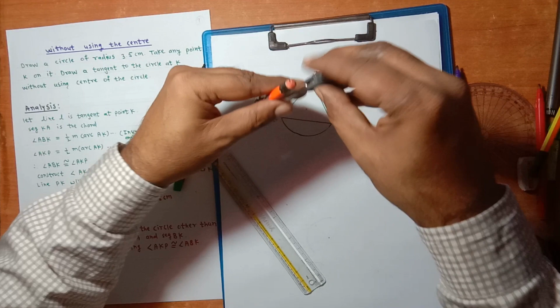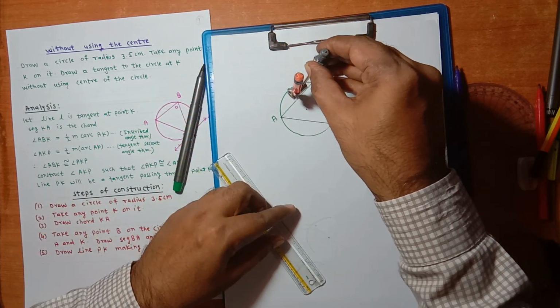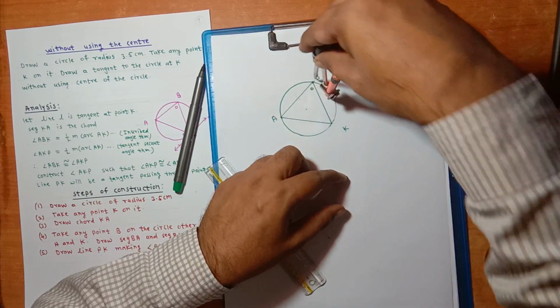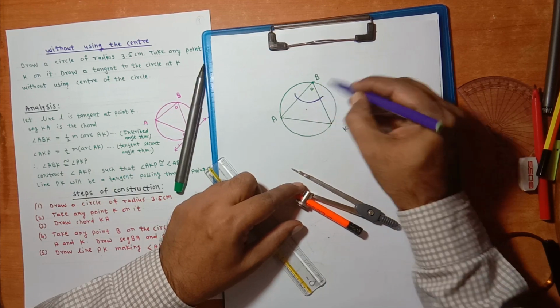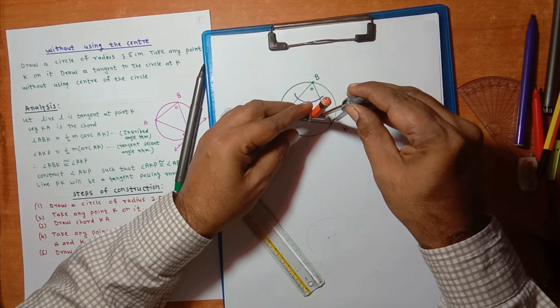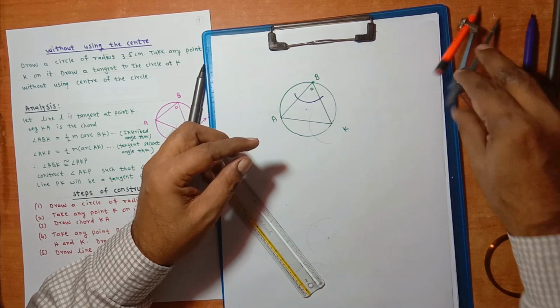For that, I will make use of a compass, keeping the steel point on B. Without changing the distance, I will keep the steel point on point K. I will draw an arc like this.